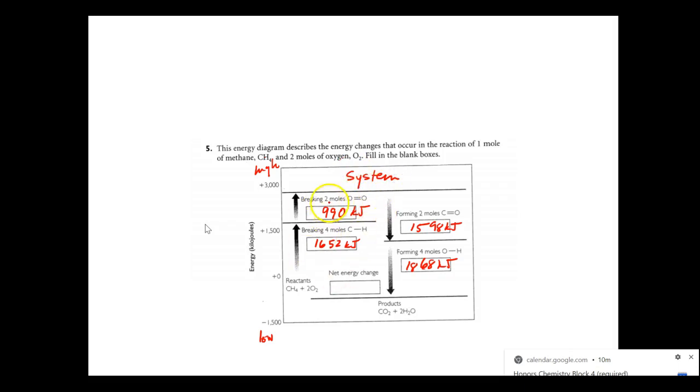And then when bonds are broken, because energy is going in from the surroundings, and then on this side of the graph, you'll notice that the energy is getting less, and the reason is that energy is released from the system and into the surroundings.